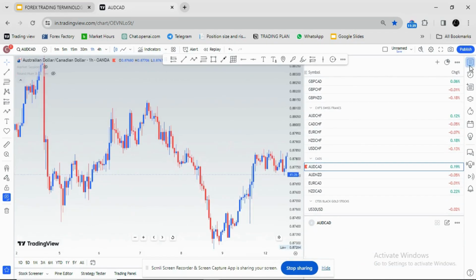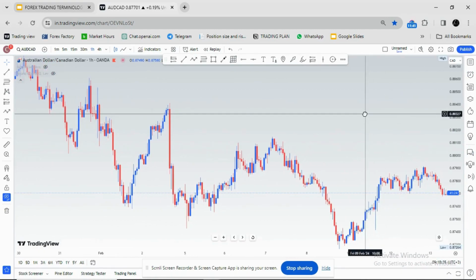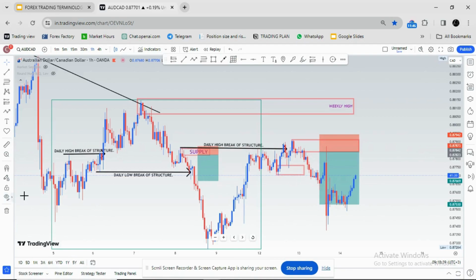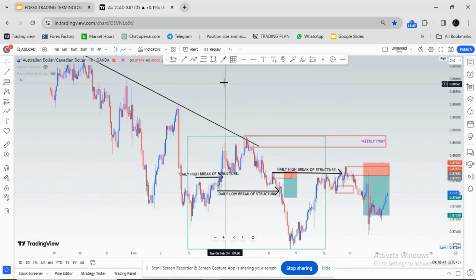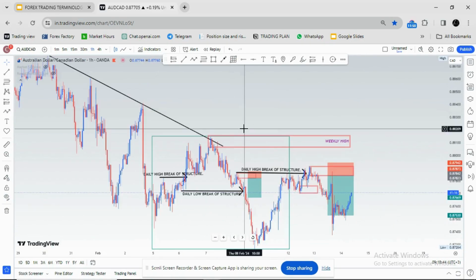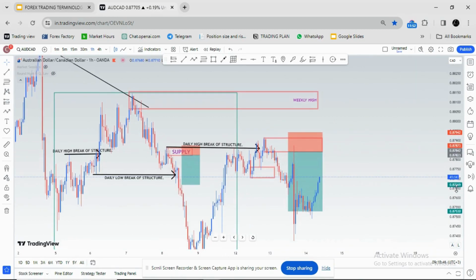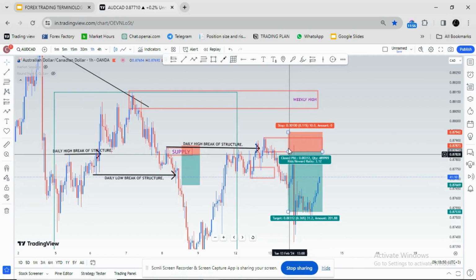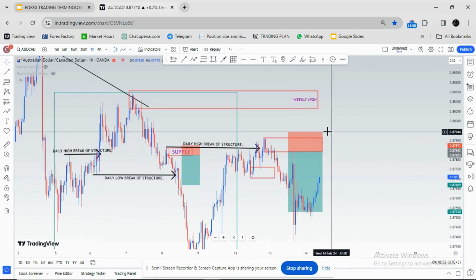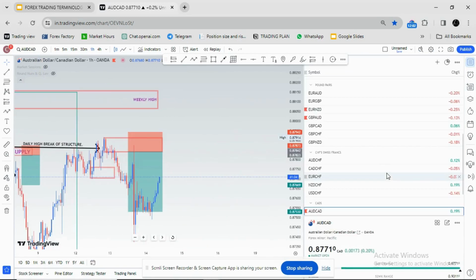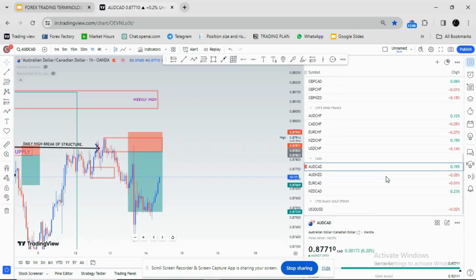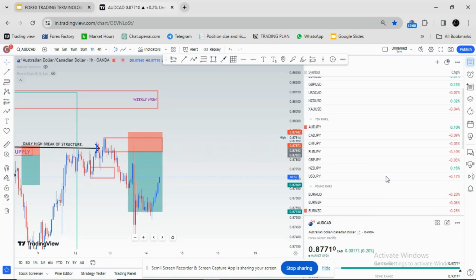For example, technical analysis is where you use historic price movements to try to predict. I did that. All of these things, you see me drawing a few things here and there. This is what we call technical analysis, right? To try and predict what the market is going to do and to have your position ready. And as you can see, I have my watch list, where you get to have all the pairs that you deal with.